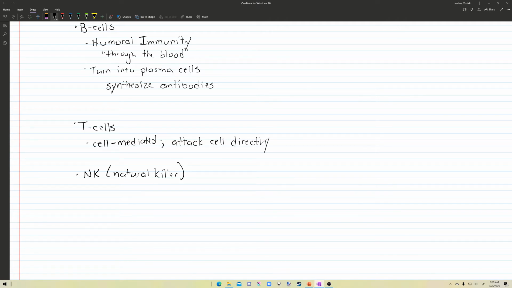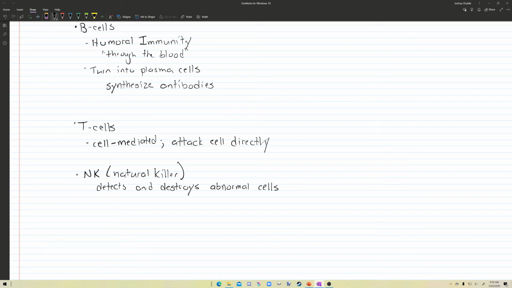Basically, it wanders around the body and detects and destroys abnormal cells. So that's what we have for our NK cell.